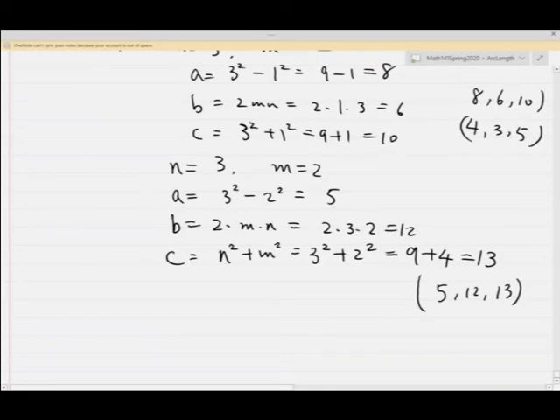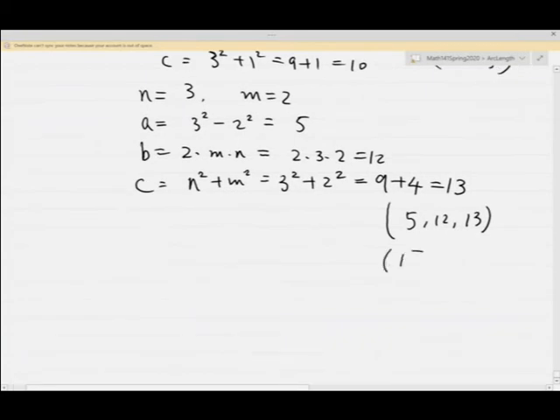You can try to get any other cases. Anyone remember any Pythagorean triple?